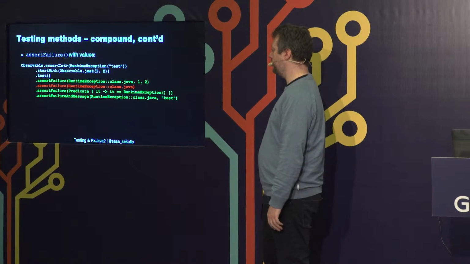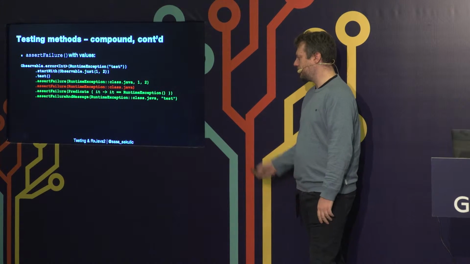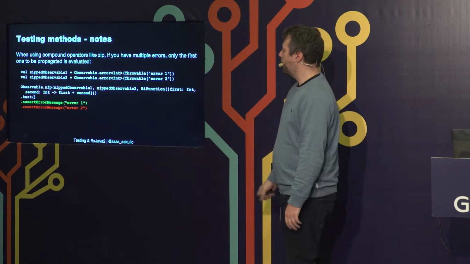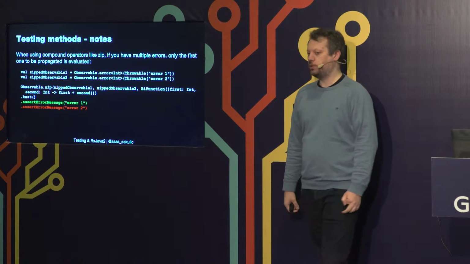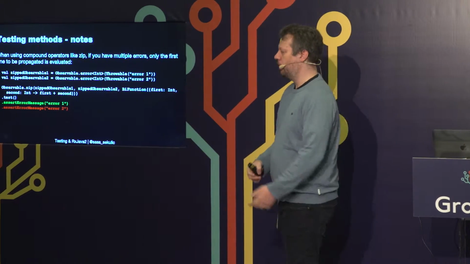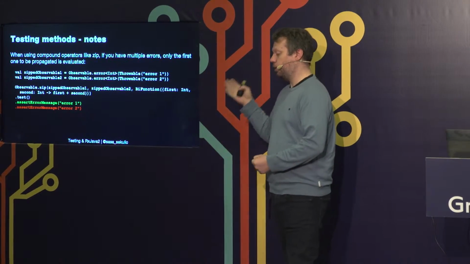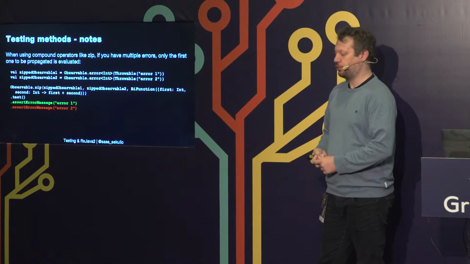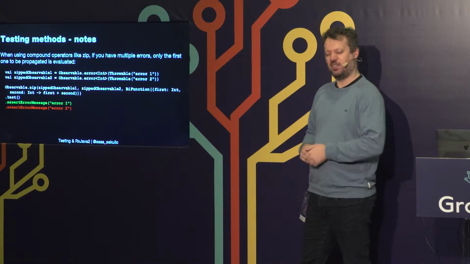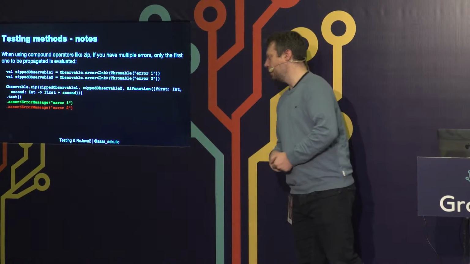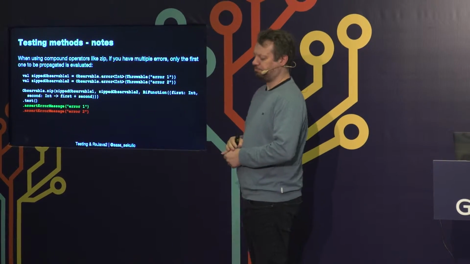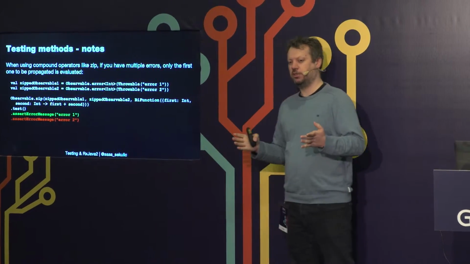There's also assertFailure with values, again with specific predicates. One thing that you have to note when you start testing these things is that, especially when it comes to errors and some other operators like zip, for example, it's very hard to debug. I hope you haven't seen it. With zips, you don't have any guarantees in case of errors.